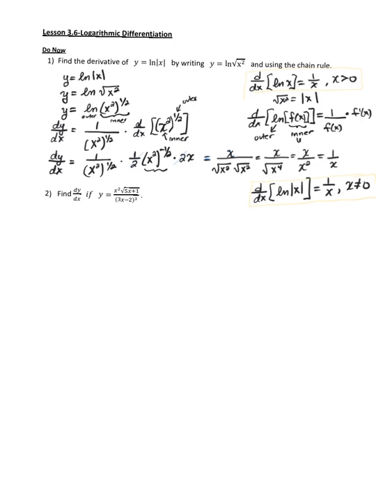Also please note that when we take the derivative with respect to x of the natural log of y, we could think of y as f of x. By the chain rule, this would be 1 over y dy dx, which is also implicit differentiation. So let's keep that in mind for the lesson.